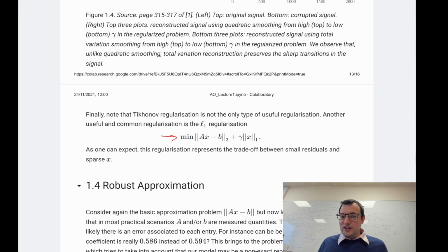Of course, we can already imagine what this is going to produce. It's going to reduce the residuals, and among the solutions trying to solve Ax minus b, we look for the one which is sparse, because we know that the L1 norm produces a sparse solution.